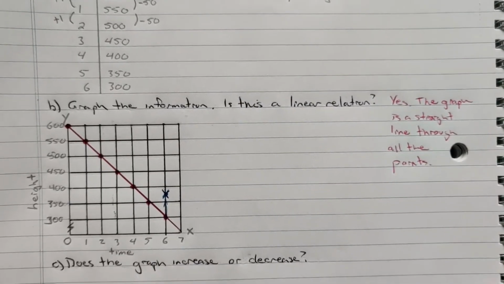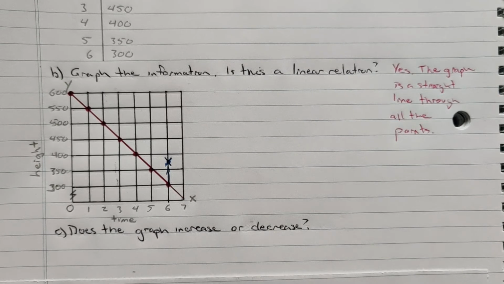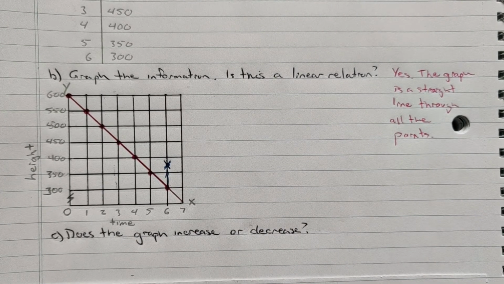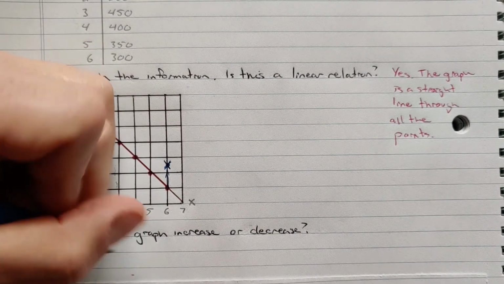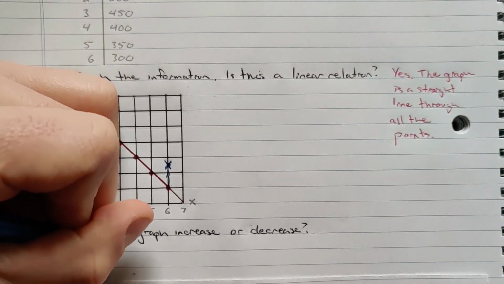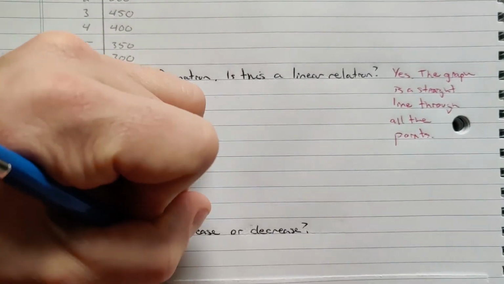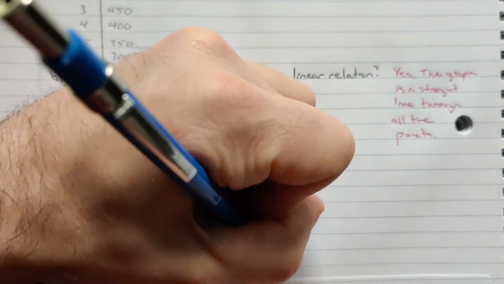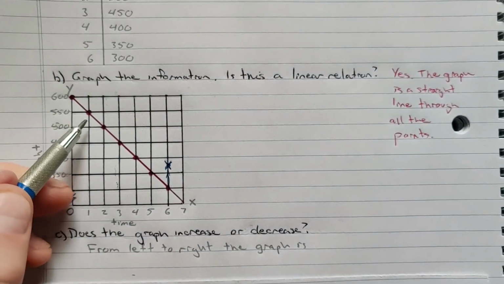So the next question here says, does the graph increase or decrease? And so when we're talking about increasing or decreasing, we're talking about how is it going as we move from left to right. So from left to right, we're decreasing in value.